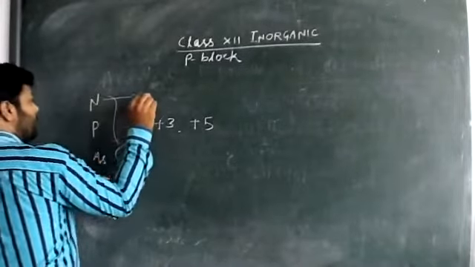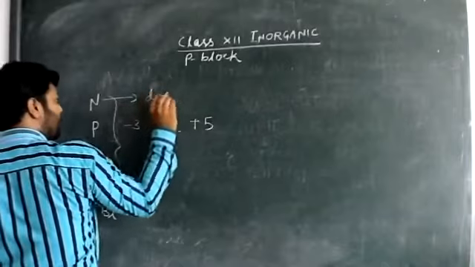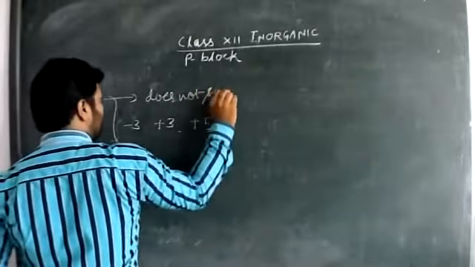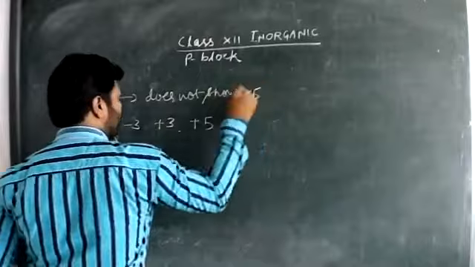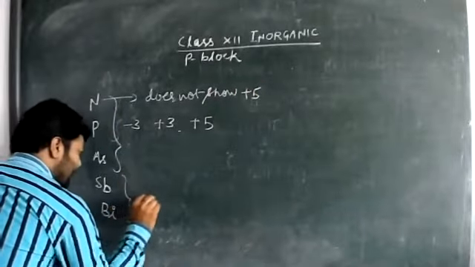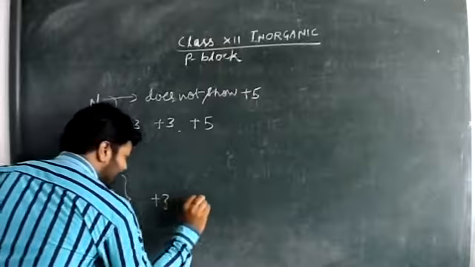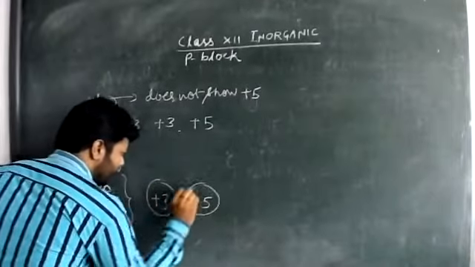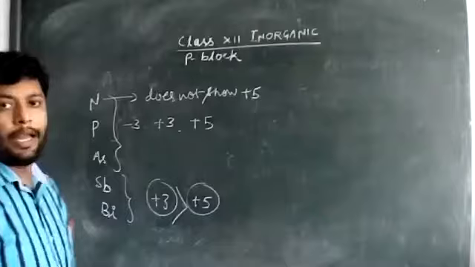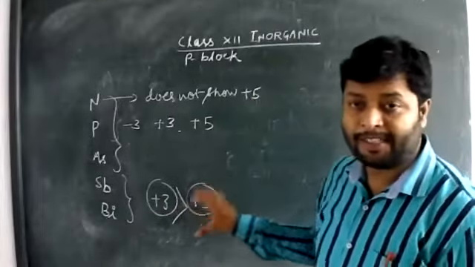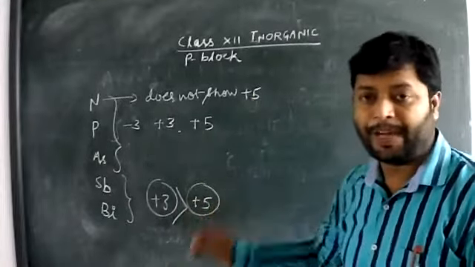Nitrogen does not show +5. Antimony and bismuth majorly show +3 and +5. And +3 is more stable in antimony and bismuth than +5.